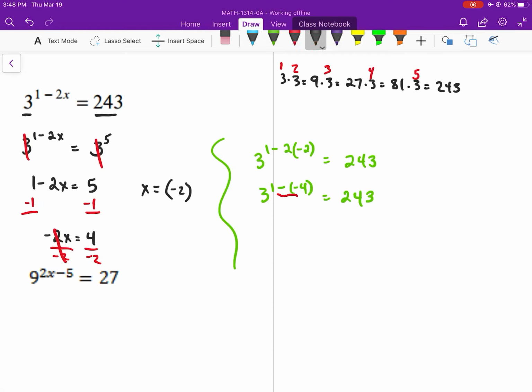It becomes plus. So 1 plus 4 is 5. So 3 to the 5th power is 243. Is that a true statement? I believe so, because I think we found it right there, didn't we? 3 to the 5th was 243, so that means it checks, which means my answer must be x equals negative 2.